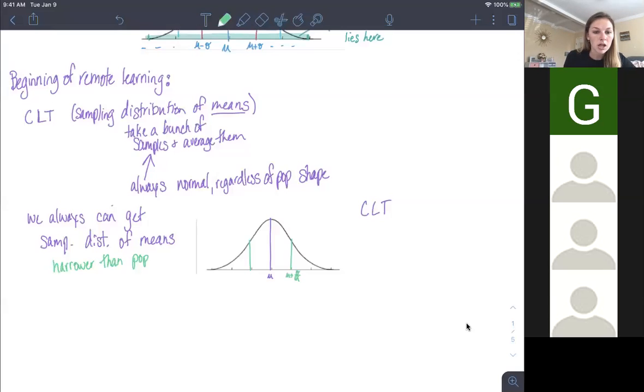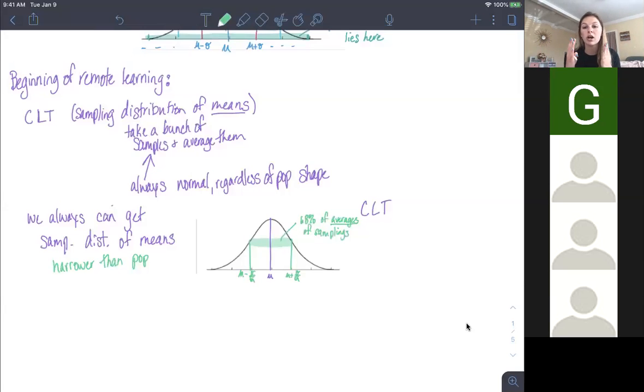So we go mu plus sigma divided by root n, and mu minus sigma divided by root n. Now we can say, in the same way that we did before, this is 68%. However, this is no longer talking about 68% of the population data. This is saying 68% of averages of samples. It's talking about where the averages lie.